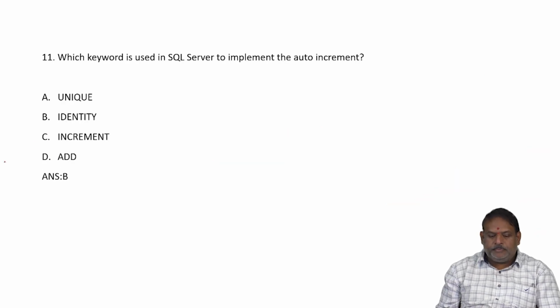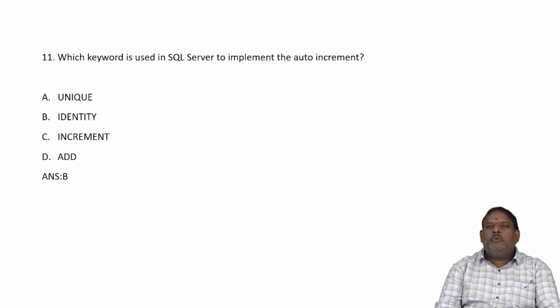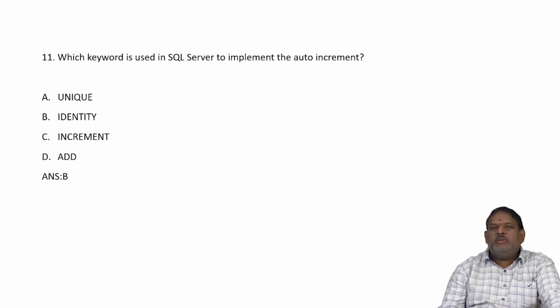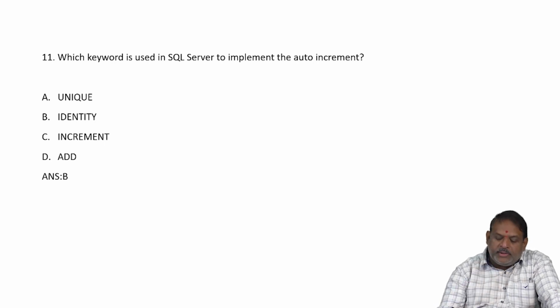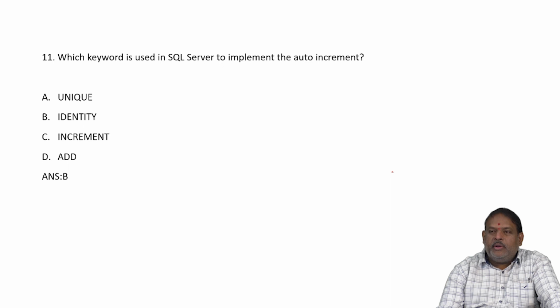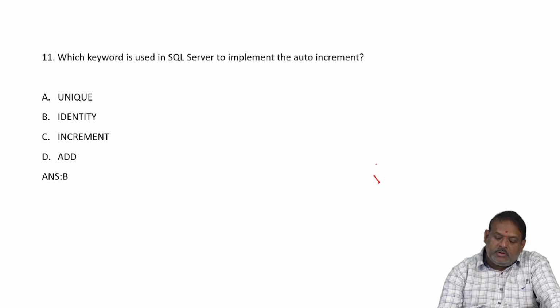Option C. Okay, 11th question. Which command is used in SQL Server to implement auto increment? What is auto increment? For example, you want to add a few employees to the database starting with 1. See the employee table: employee ID, employee name.